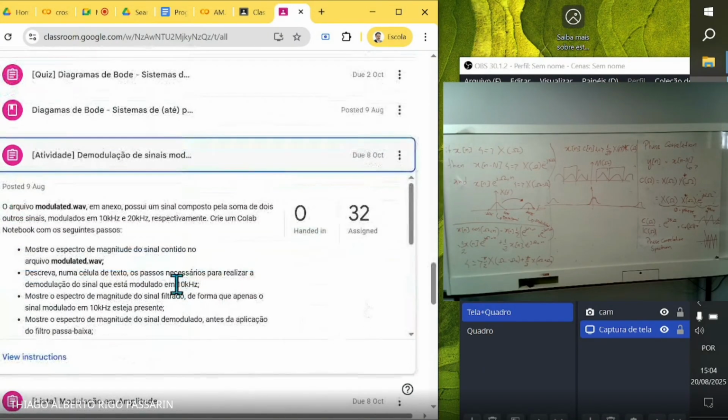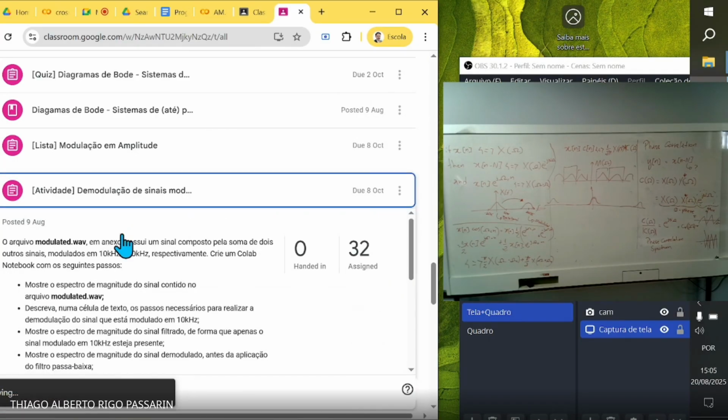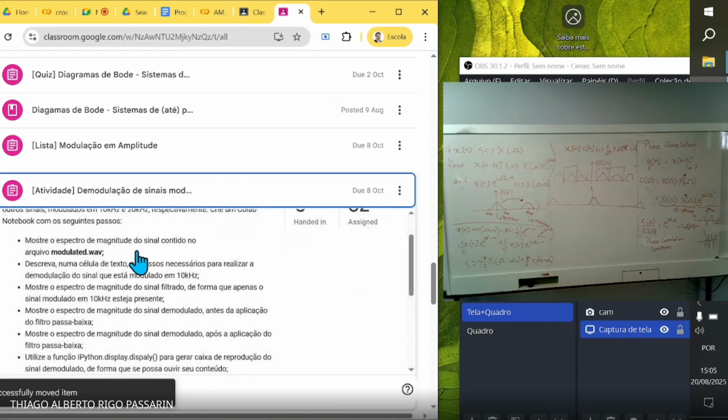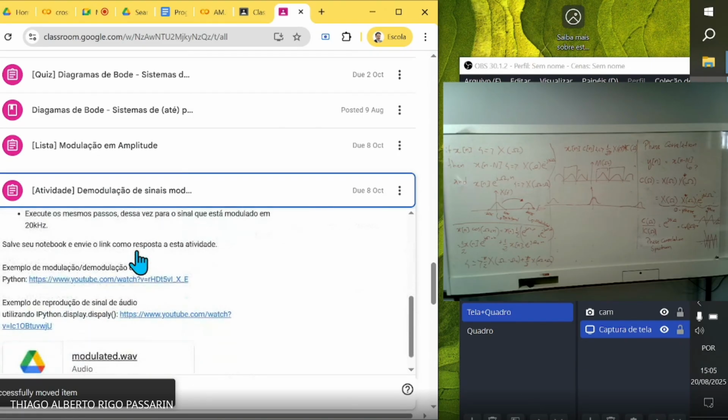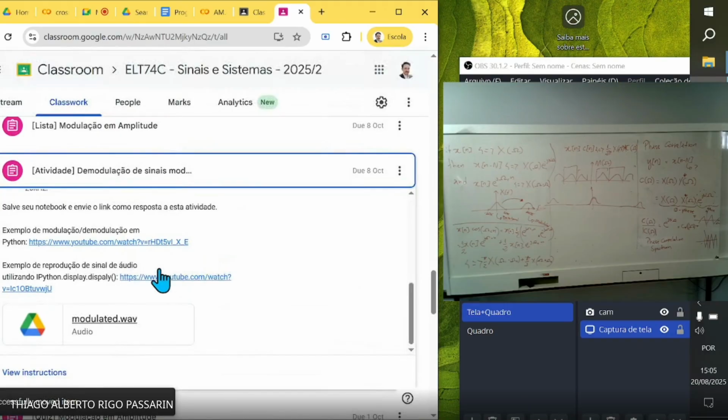Demodulation of modulated signals. There's a file which contains two signals. One of them is modulated with 10 kilohertz, the other one with 20 kilohertz. This is the file. You have to band pass the first one, demodulate, and play it. Band pass the second one, demodulate, and play it.